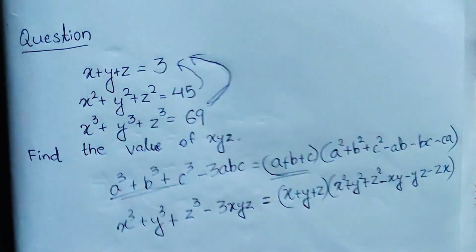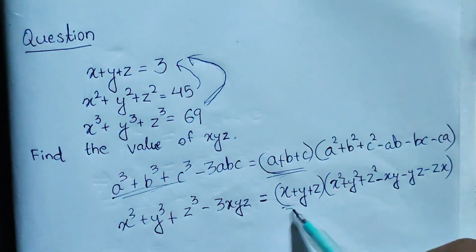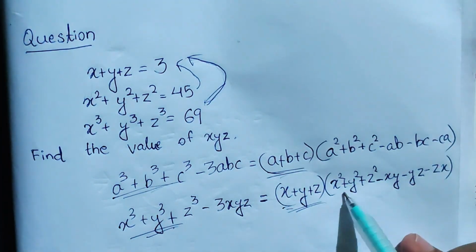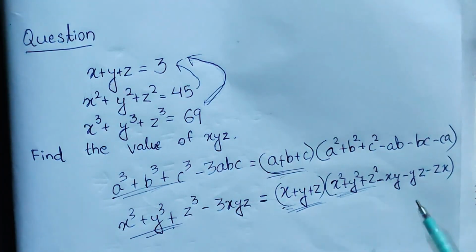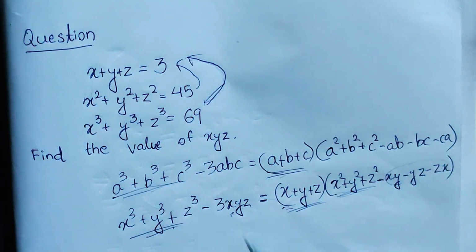Okay. So now we know this value, we know this value, it is 69, it is 3. We know this value also, the sum of the squares. We don't know these values, and we have to find this one.